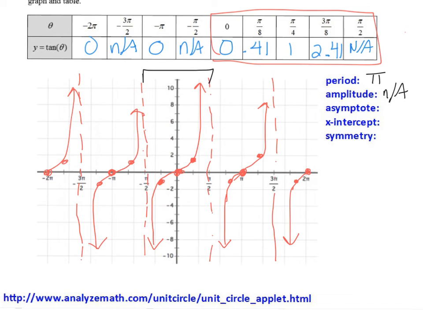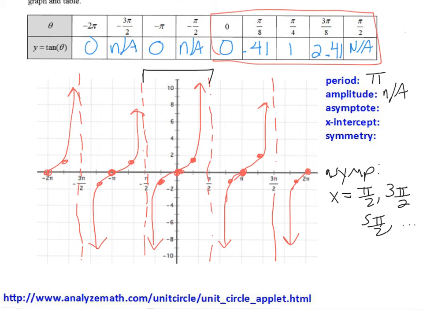The asymptotes, they're all vertical lines, so x equals, we have pi over 2, 3 pi over 2, the next one would be at 5 pi over 2, and so on.